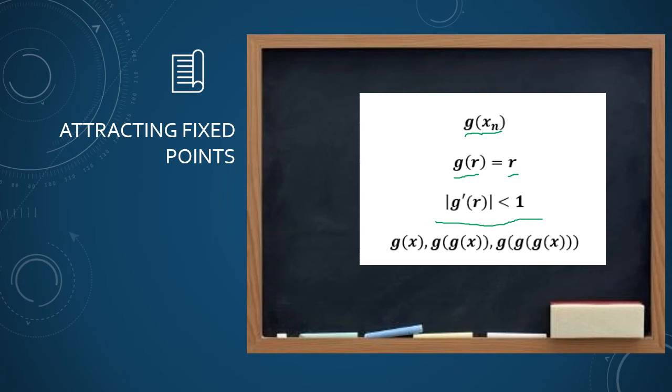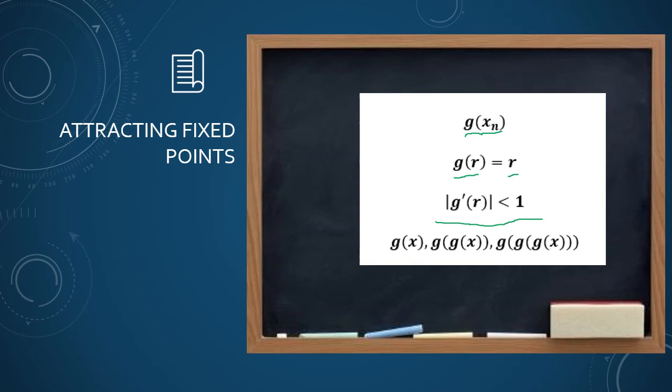Now, why is this important? What is attracting? Well, when you plug an attracting fixed point into your function, you get g of x. And then you plug g of x into g of x, and you keep doing it, plugging g of x into g of x.